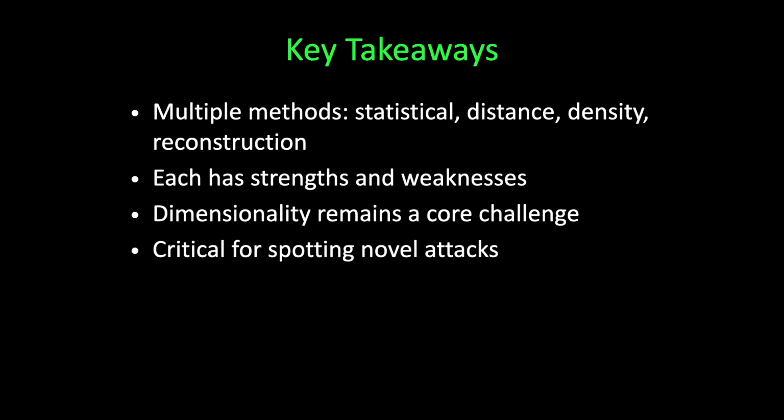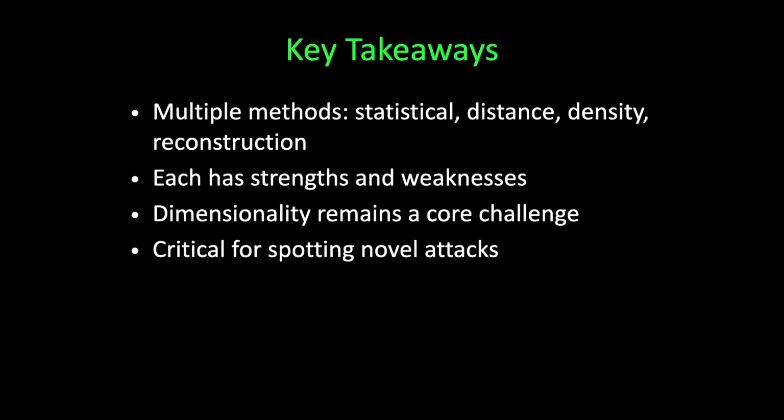Let's conclude then by pulling everything together. Anomaly detection comes in several methodological families: statistical approaches like z-score and confidence intervals; distance-based approaches like Euclidean distance, cosine similarity, or k-nearest neighbors; density-based approaches like local outlier factor, or LOF, or DBSCAN; and reconstruction-based approaches like PCA, principal component analysis, and autoencoders.